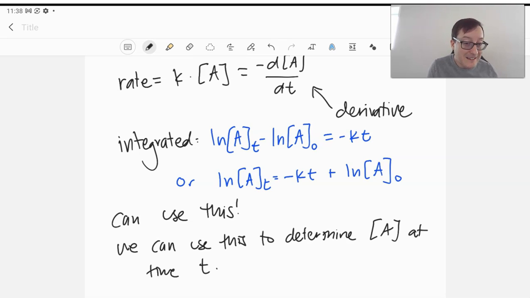And very importantly as well, we see that we can do this because this is a linear formula.